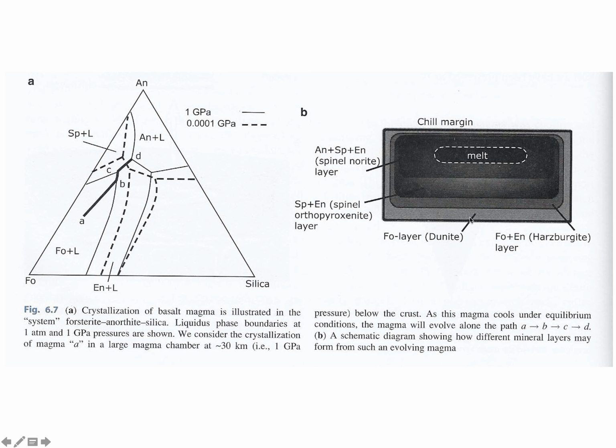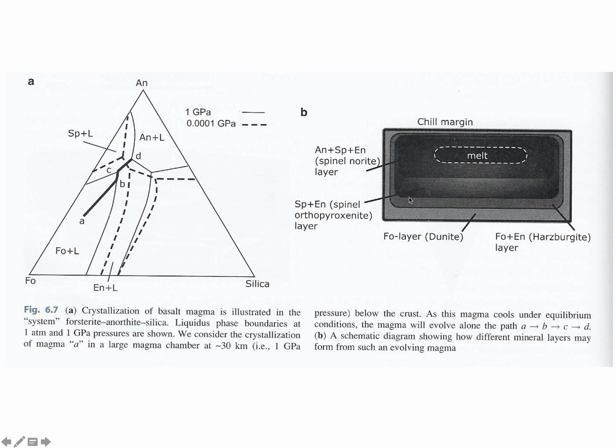Then we go from A to B, where we are in the forsterite plus liquid field. We remove the forsterite, and the liquid is left. Then we go past B to C and form a forsterite enstatite layer. This is a harzburgite, that is this layer here.